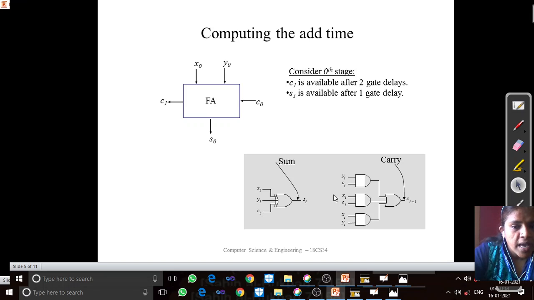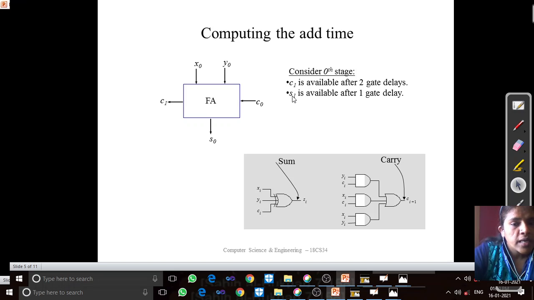As soon as you apply X, Y and Ci, with 1 gate delay you will get the intermediate result. That result will be given to the XOR gate. After another 1 gate delay, you will get C(i+1). Now i is 0, so here you will get C1. So at least 2 gate delays are required to obtain the C1 carry.